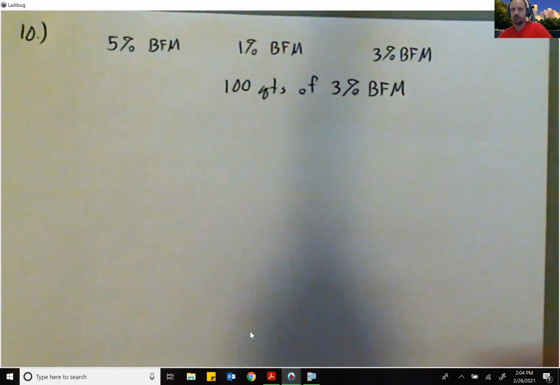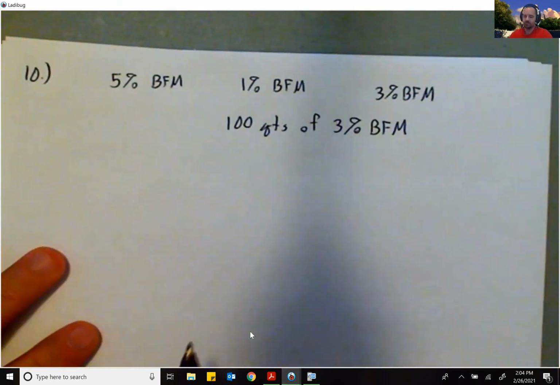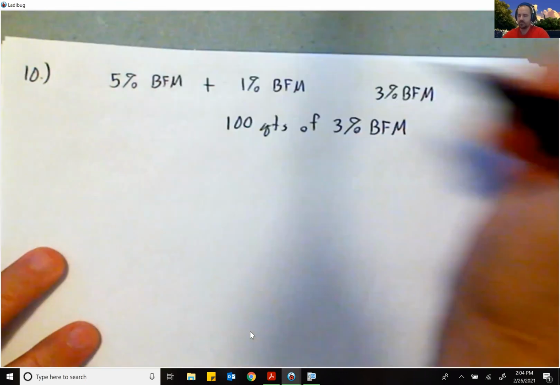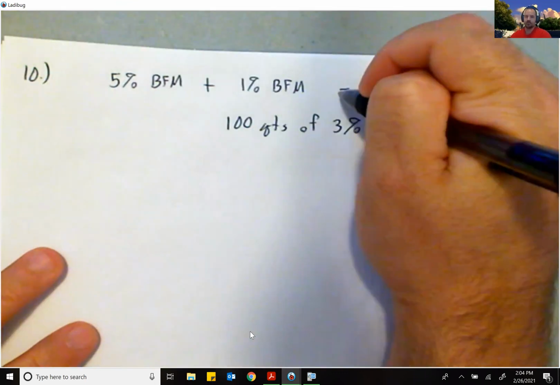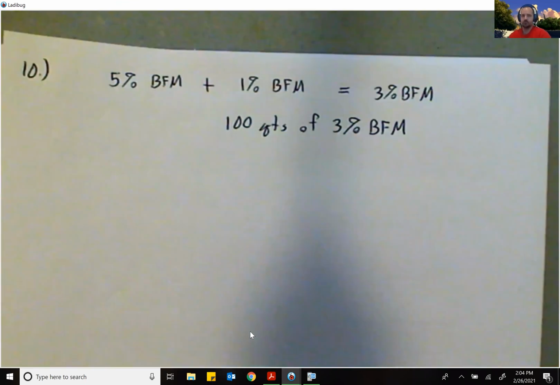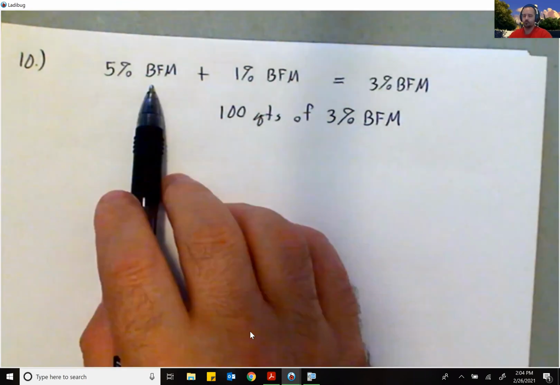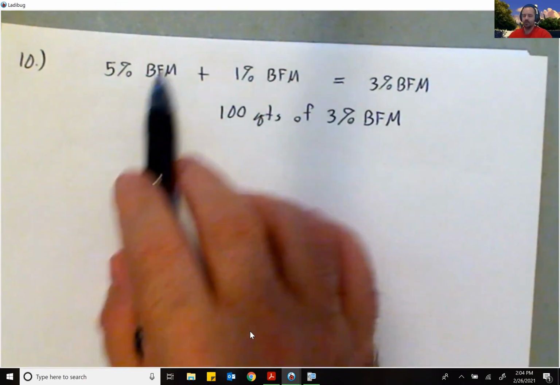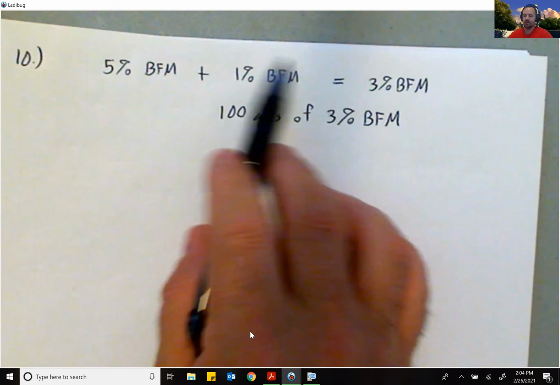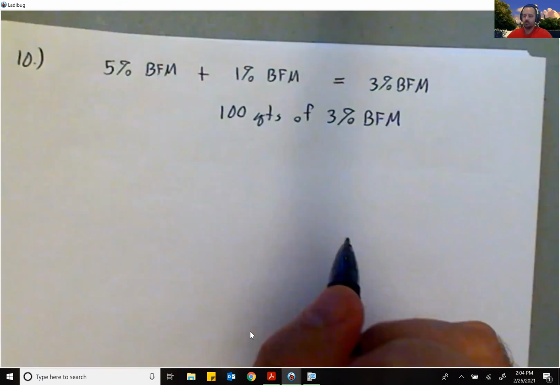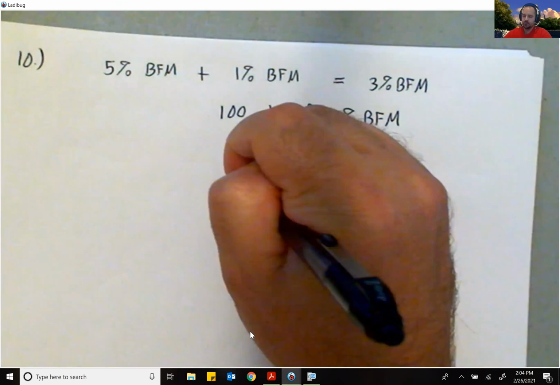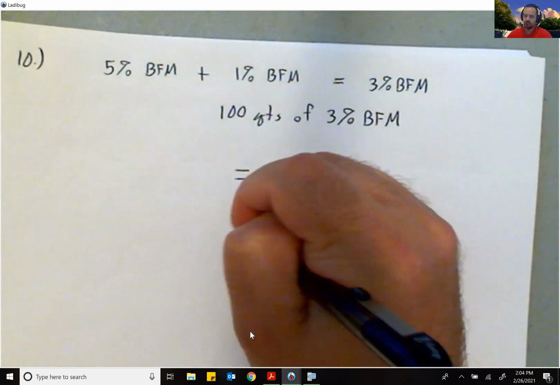So here's what we know. We've got 5% plus 1% is going to yield us 3%. See, that's standard form: AX plus BY equals C. So let's talk equations.